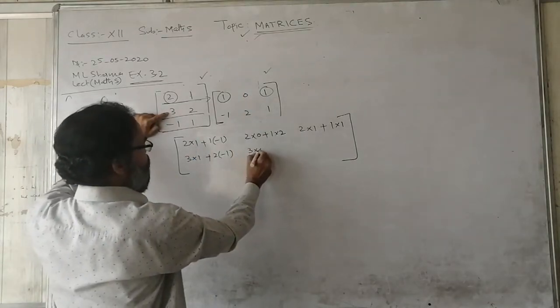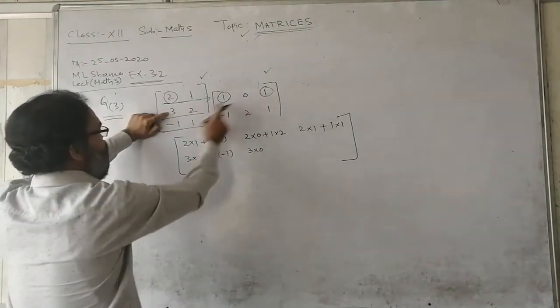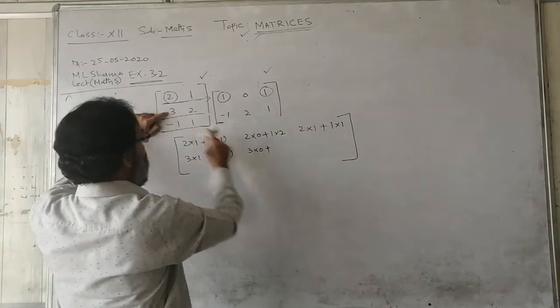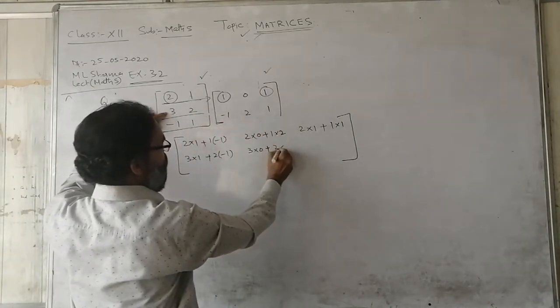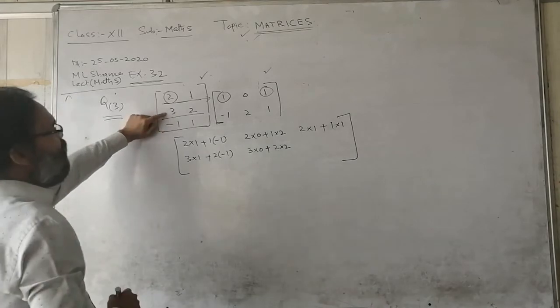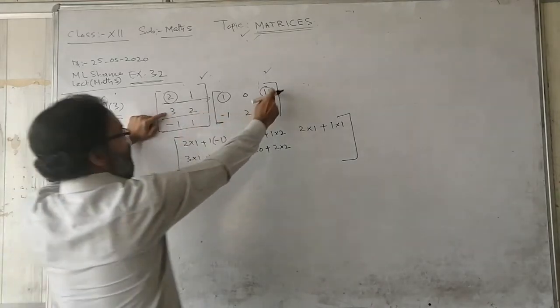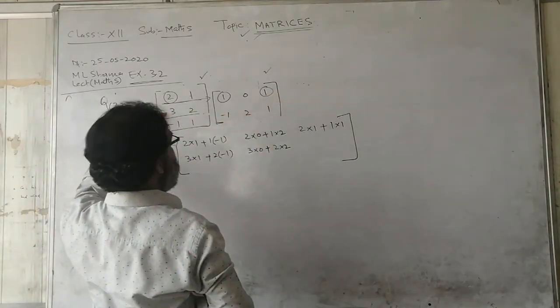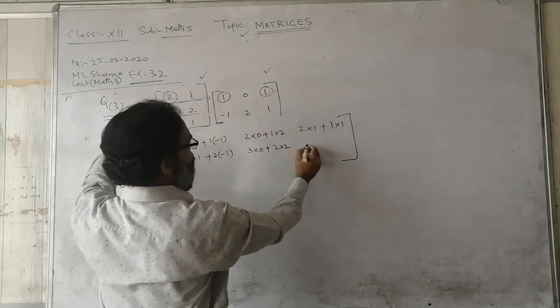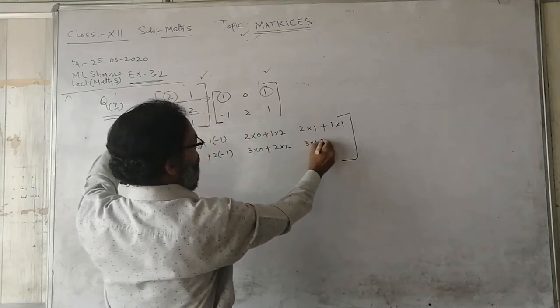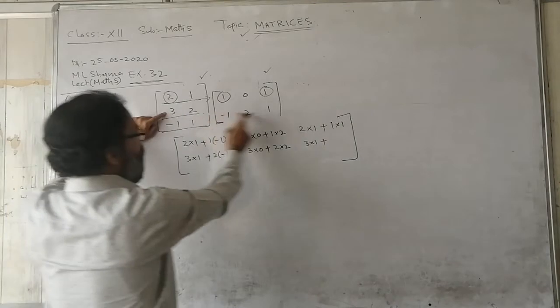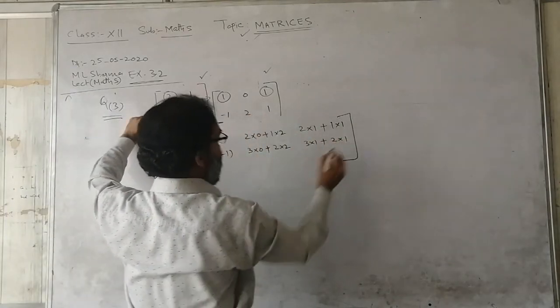So this will give 3 into 0 plus 2 into 2. Then this row is to be multiplied by column C3. So 3 into 1 plus 2 into 1.